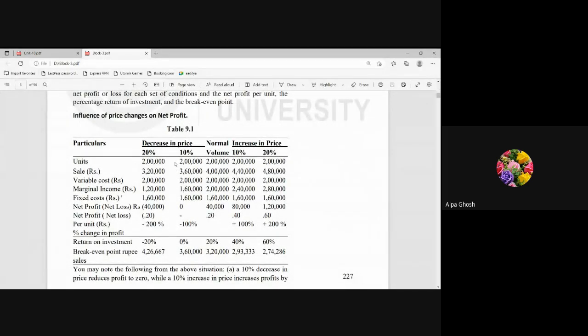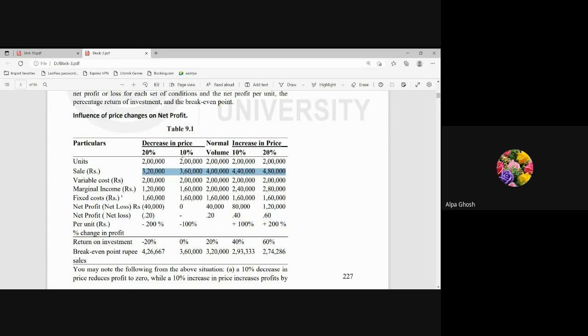So 2 lakh into rupees 2, what is the sale price? 4 lakhs. In the first situation, there is a 20% decrease in price. So 20% of 4 lakh is 80,000. So 4 lakh minus 80,000, your answer is 3,20,000.